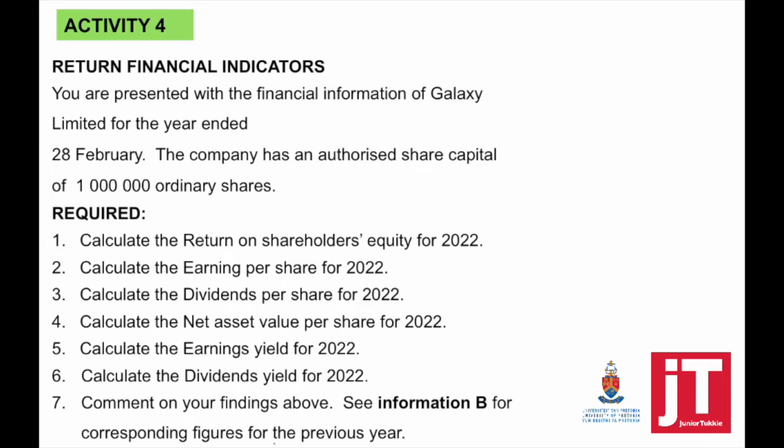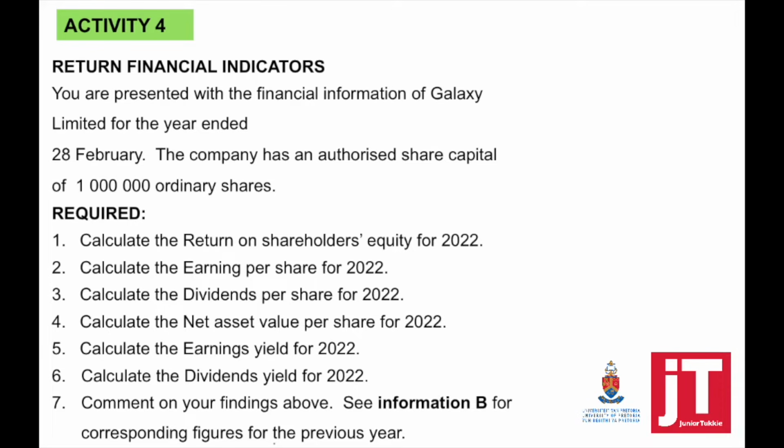So required: calculate the return on shareholders' equity, earnings per share, dividends per share, net asset value, the earnings yield for 2022, dividend yield for 2022, and then we need to comment on the findings of above. See information B for corresponding figures from the previous year.